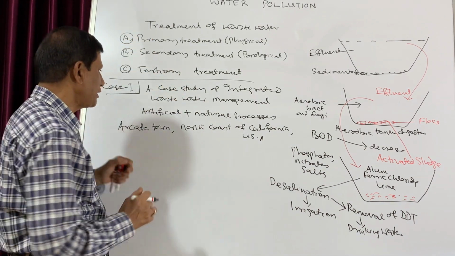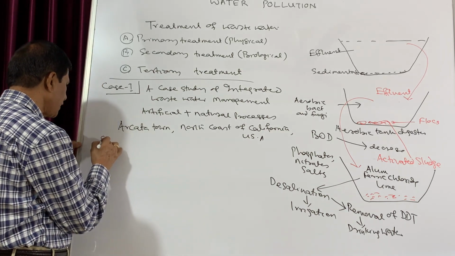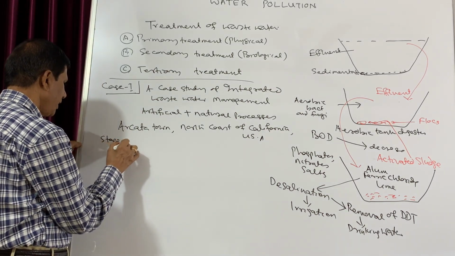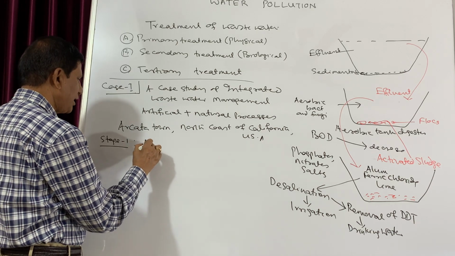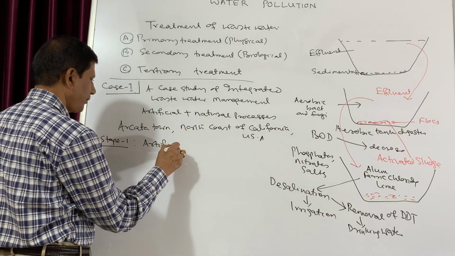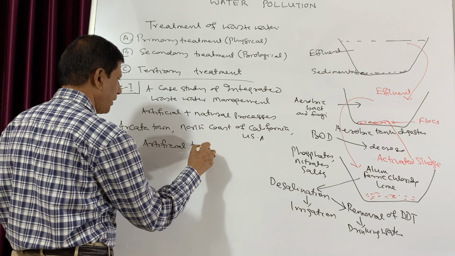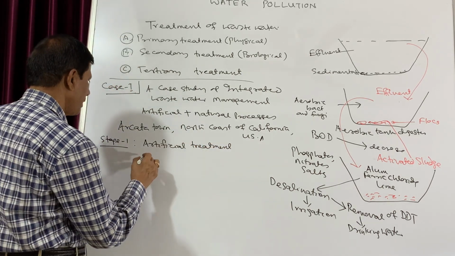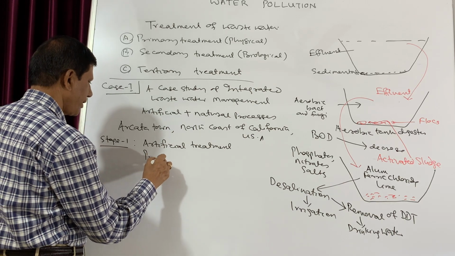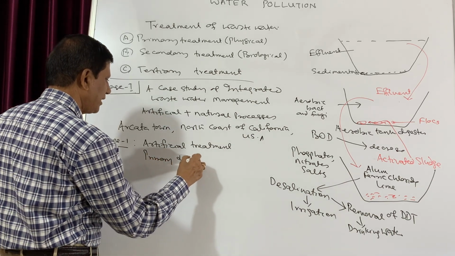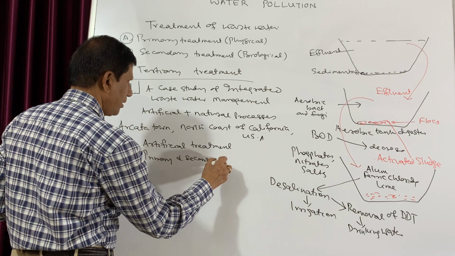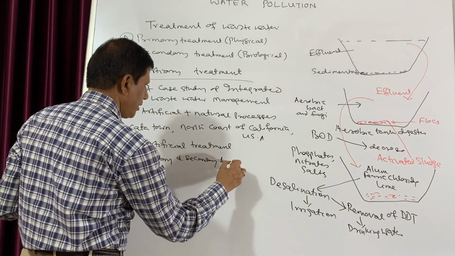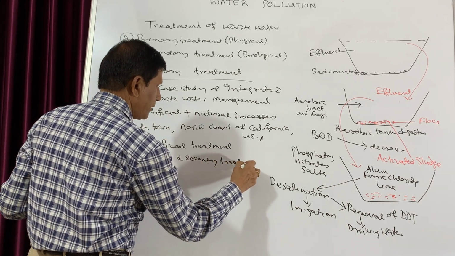Now this water was treated, both primary and secondary treatment was done. The primary and secondary treatment is stage 1, an artificial treatment.